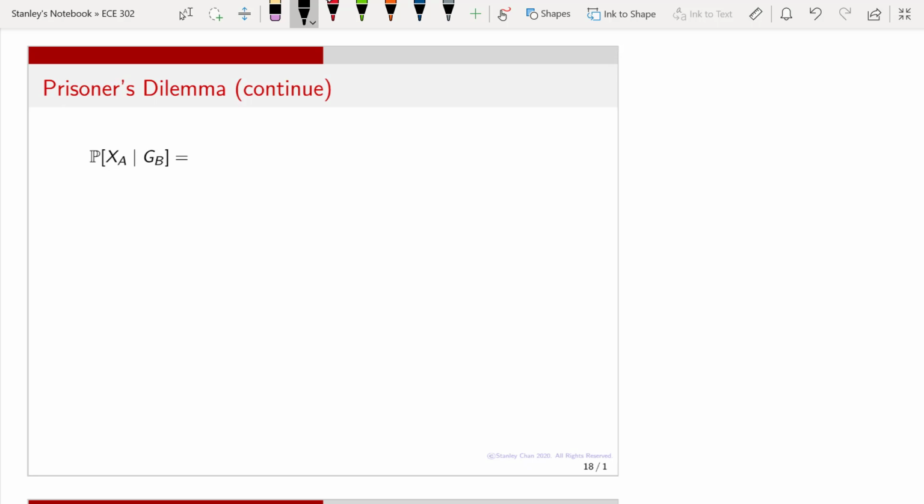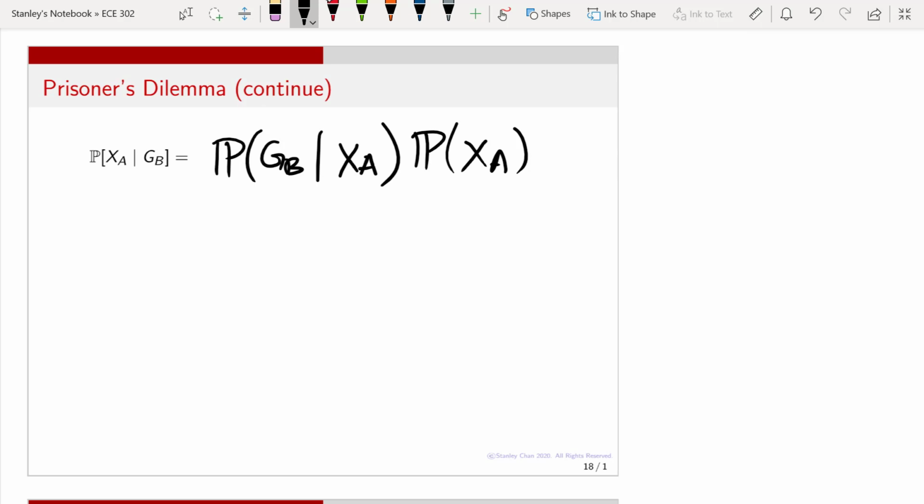With the tool of the Bayes theorem, we know that this is the probability of G_B given X_A, times the probability of X_A, divided by the probability of G_B.